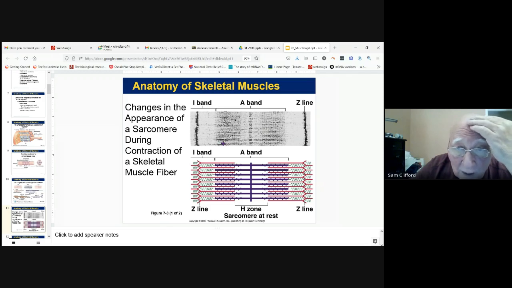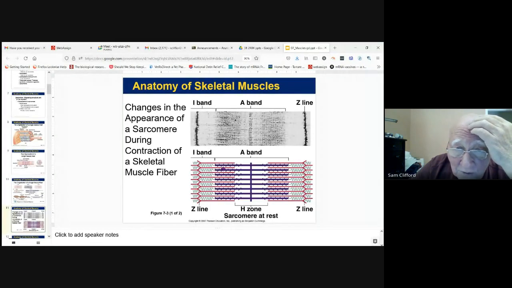So we look at a relaxed muscle, Z line to Z line, you can see that the actin is attached to the Z lines, but the actin only overlaps with the myosin thick filaments in a partial overlap.